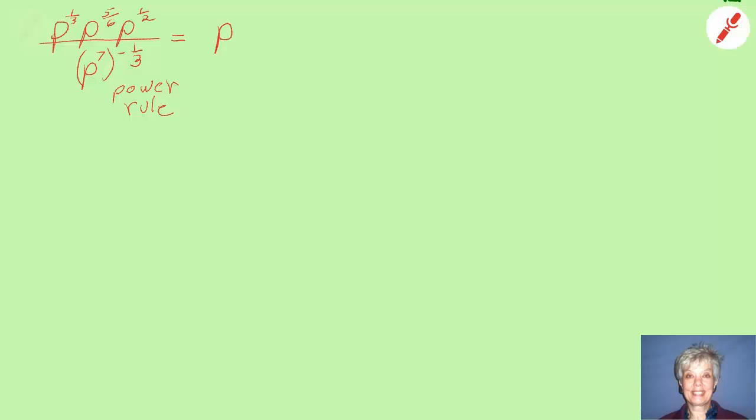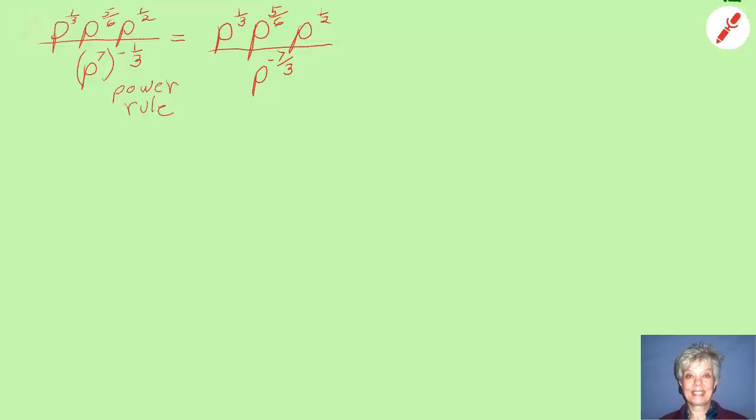The top will be p to the 1/3 times p to the 5/6 times p to the 1/2 over p to the negative 7/3.